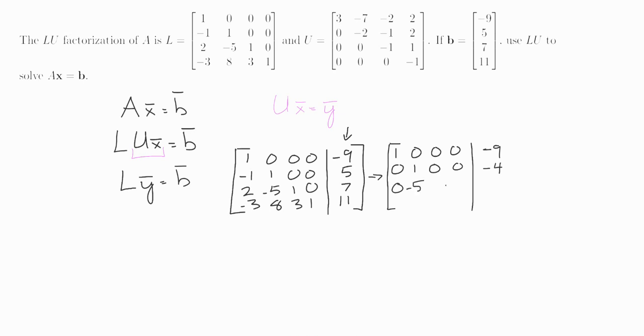Let's see, 7 minus 2 times -9. That's going to be 7 plus 18 will give us 25. We'll add 3 times -9 to 11, which will give us -16 in this case. 0 at that 3, and the 8 and the 3 and the 1 stick around.